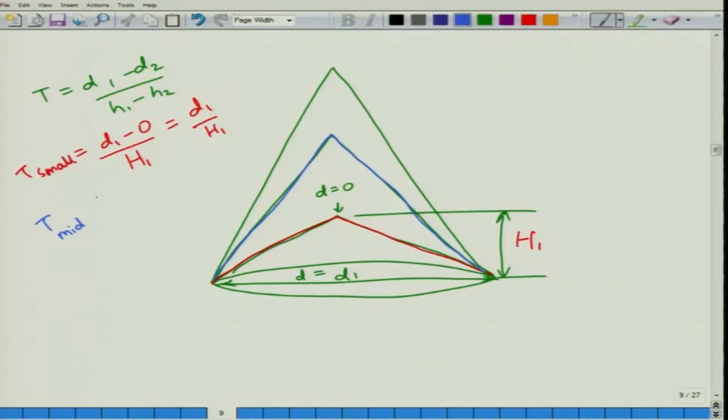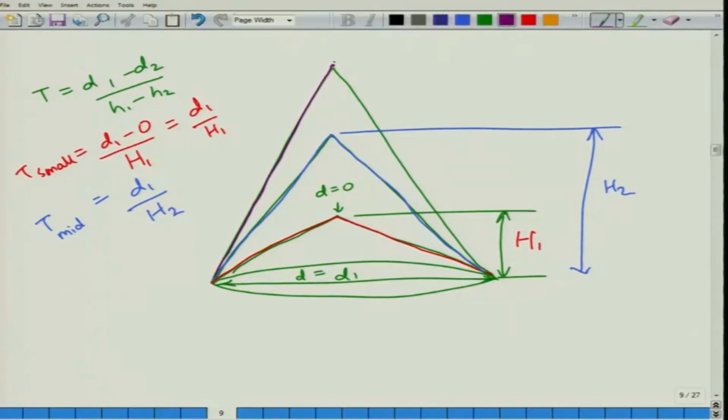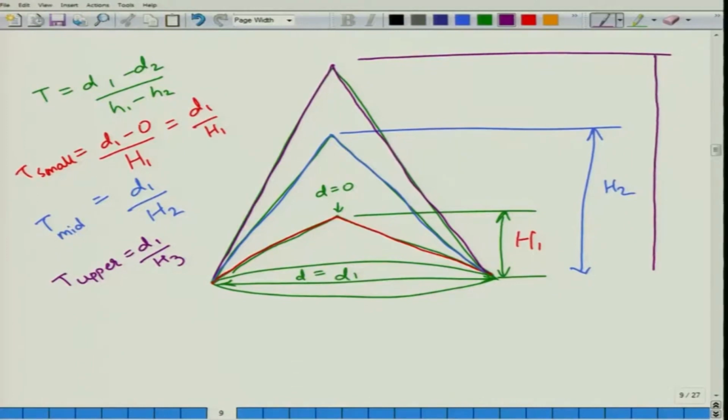In the case of the middle cone, similarly we have taper is equal to d1 upon h2, where h2 is the height of the middle cone, and similarly in the case of the uppermost cone, we have T upper is equal to d1 upon h3, where h3 is this height.